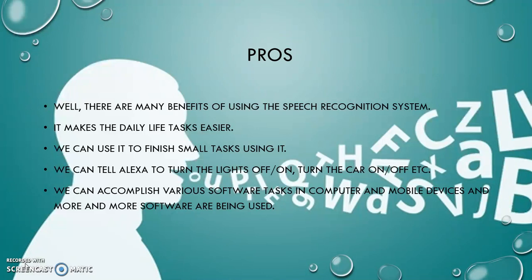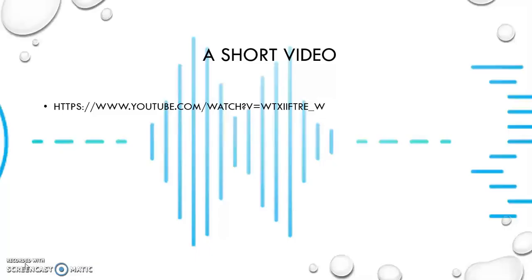We can accomplish various software tasks on computers and mobile devices, and more software and applications are being developed using this technology so that normal users can use it for their benefit.